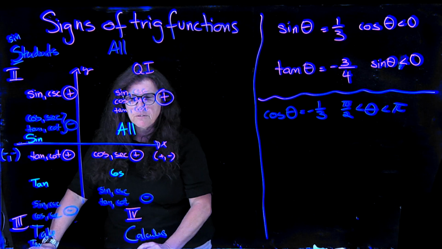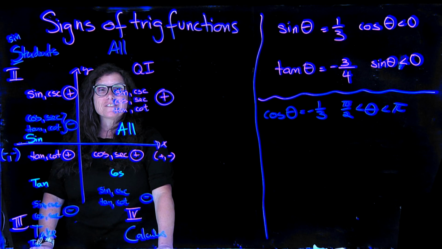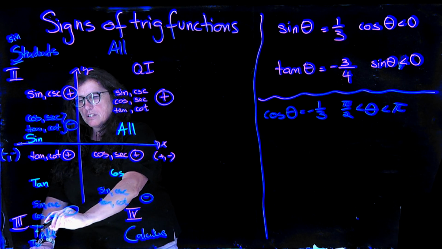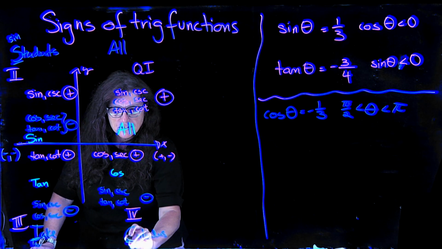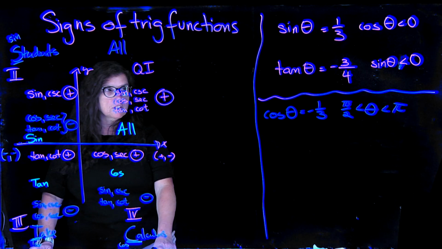So that's how you remember which trig function is positive in which quadrant. All students take calculus, C for cosine. And don't you forget it, all students take calculus.